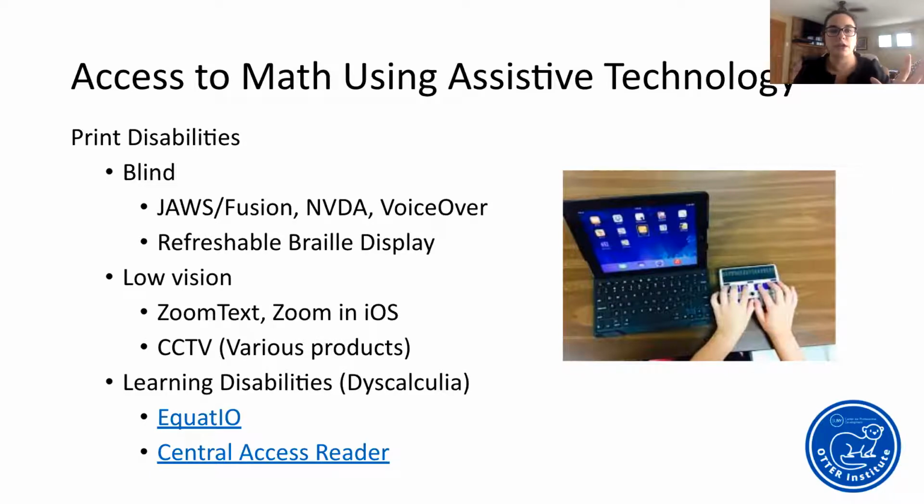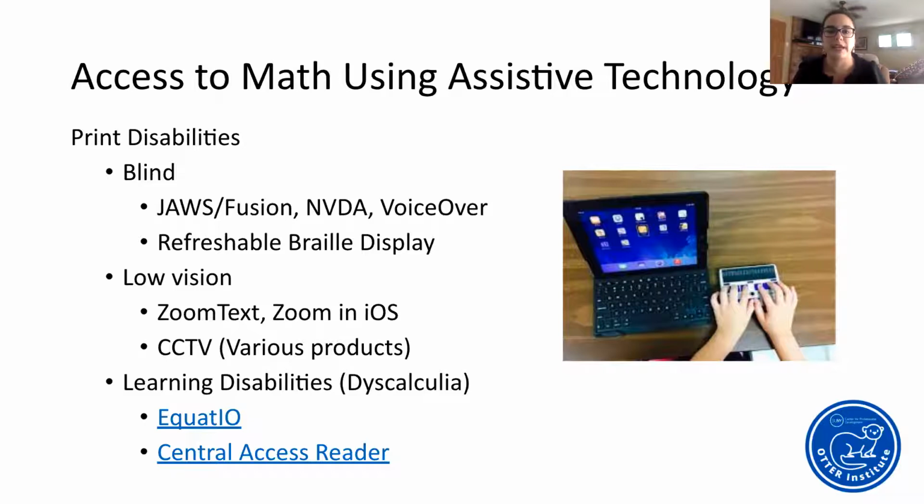For example, on this slide, one of the subcategories of individuals with print disabilities are blind. They may use different screen reading software. They may not read Braille. Maybe alt text really is what's best for them. So it's very individualized. I hope that is one of the biggest takeaways for today.